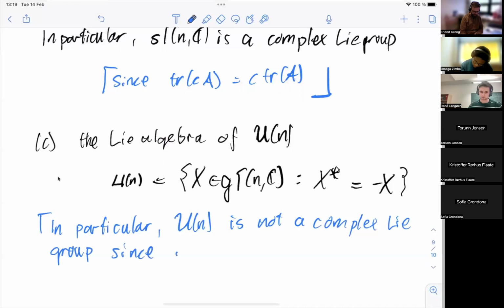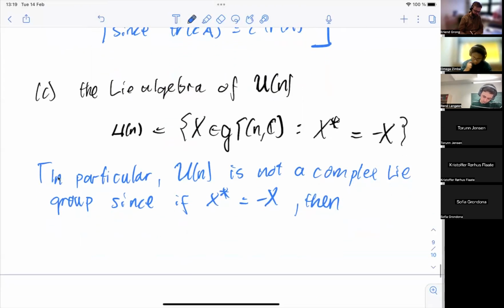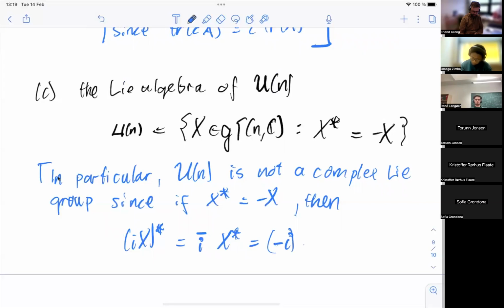Since if X star is equal to minus X, then iX star will be just taking the conjugate of i and then X star, but this will be minus i, and then here I will have minus X, and now I'm getting back to iX.